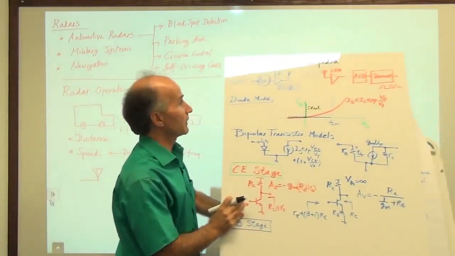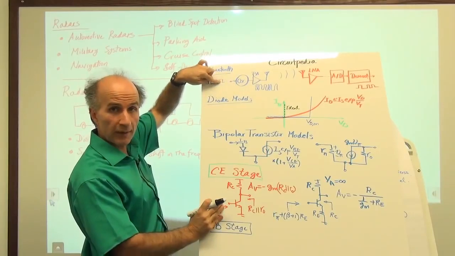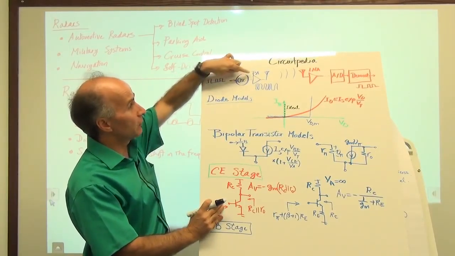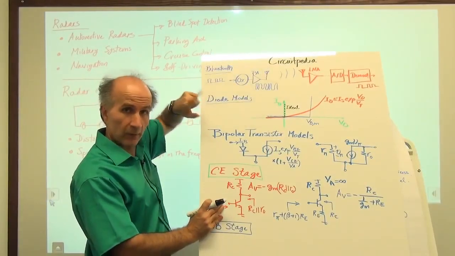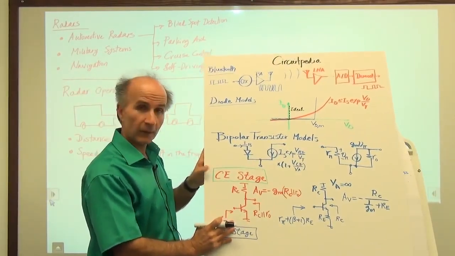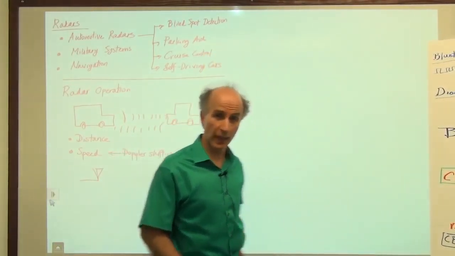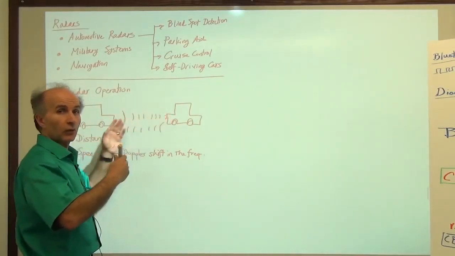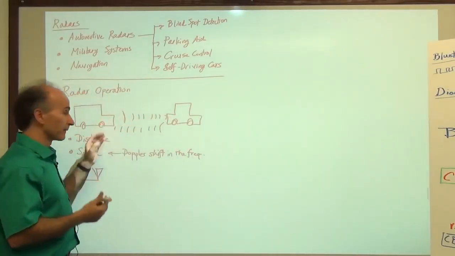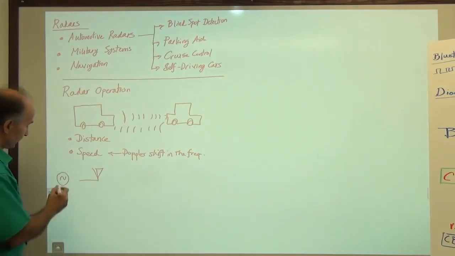In the Bluetooth example that we studied a long time ago, we said we take an oscillator, we generate a periodic waveform, and give it to a power amplifier to create a large waveform, and then we transmit it out. So in the radar, we do exactly the same thing. We have an oscillator that generates a wave, and then that wave needs to be amplified so that it has a reasonable range. Let's say you want it to go 100 meters, then it comes back 100 meters. So we have an oscillator. This is a symbol for the oscillator.